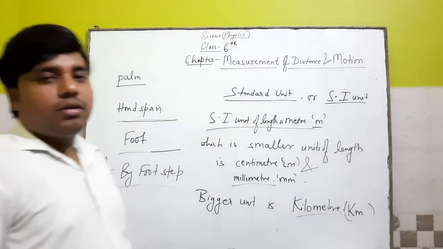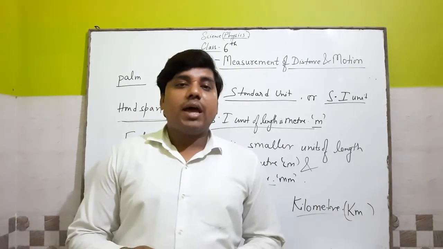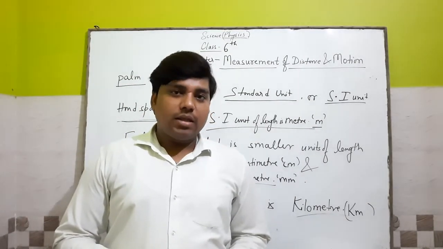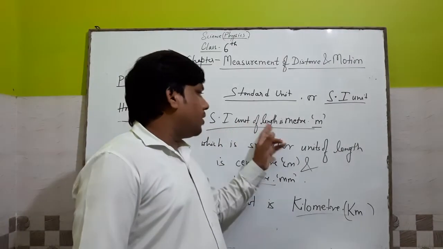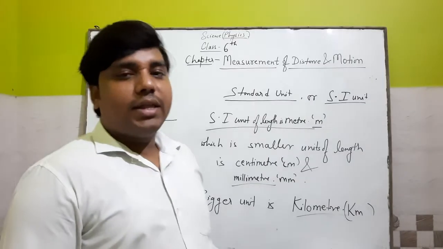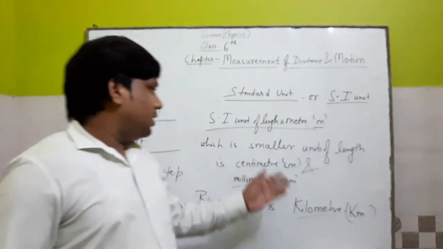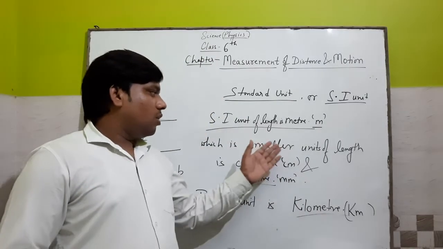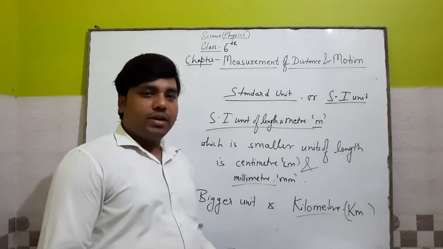But if anyone asks you what is the SI unit of length, then you always say the SI unit of length is meter. Okay, and these are the other units of length, that is centimeter, millimeter, kilometer.